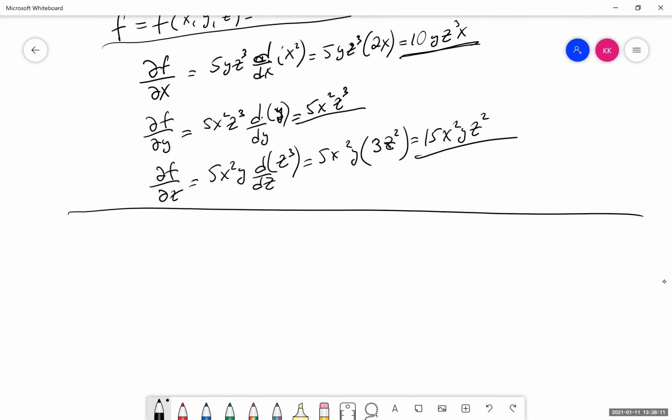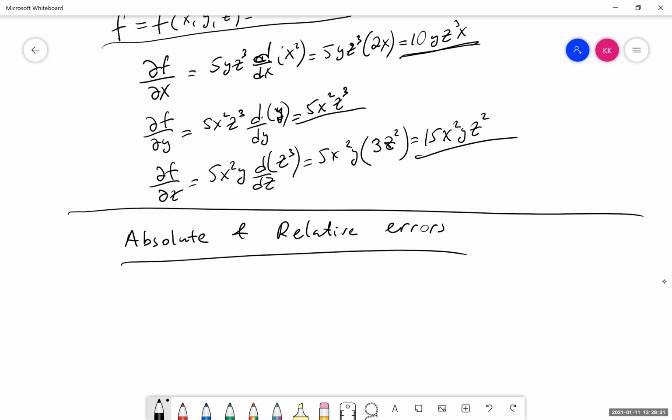Basically, something that is not a direct measurement but a derivation, a calculation. So we can talk about absolute and relative error.